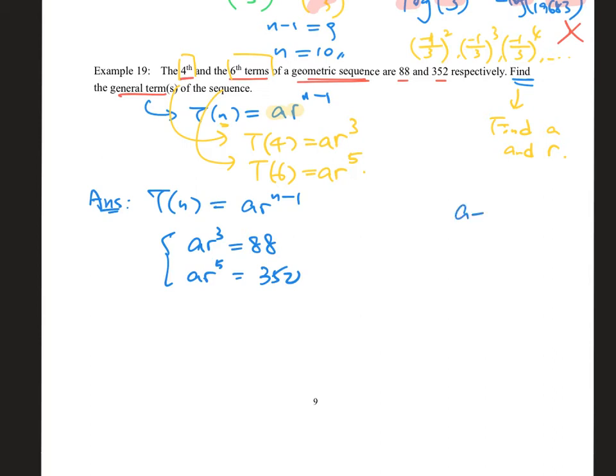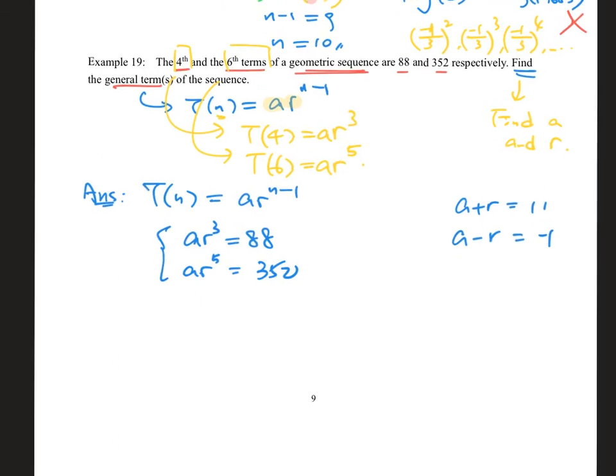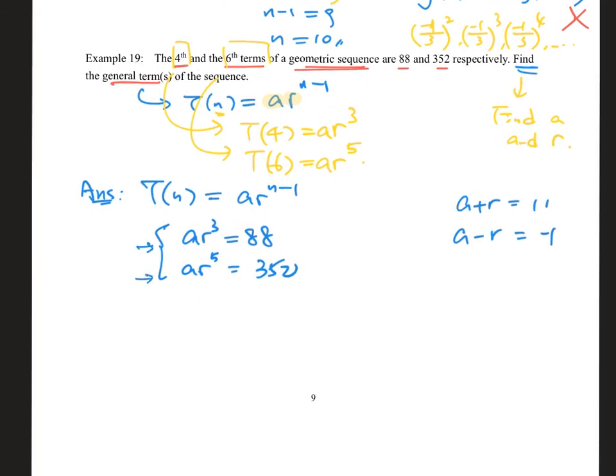But unlike those questions like a plus r is 11 or a minus r is minus 1 that you had in junior form, where you may use substitution, elimination, or even a calculator program to solve it, now you see that this question is about products, isn't it? When you are dealing with products, there is a little skill.